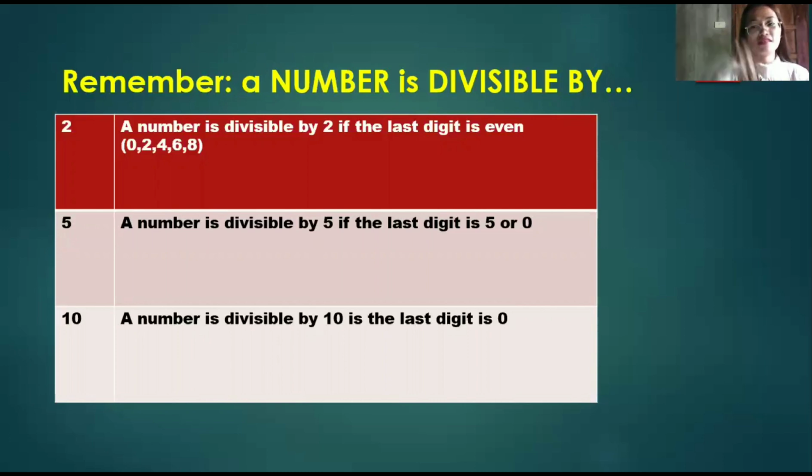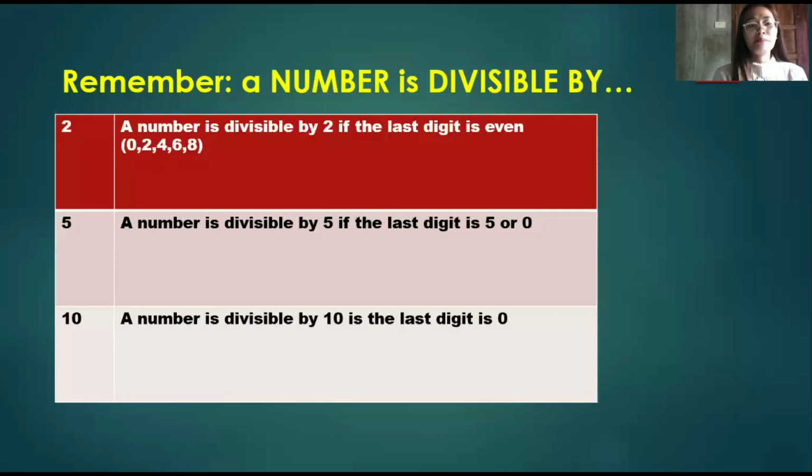So, yes, it is divisible by 2, which is even, right? Let us remember, 0, 2, 4, 6, and 8, or even numbers, basta pares, automatically divisible by 2. So, therefore, 200 is divisible by 2. Next, for 5, we remember, if it ends in 5 or 0, 200 ends in 0. Therefore, automatically, it is also divisible by 5.